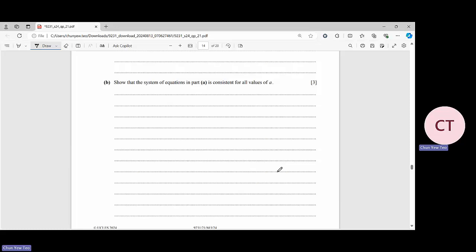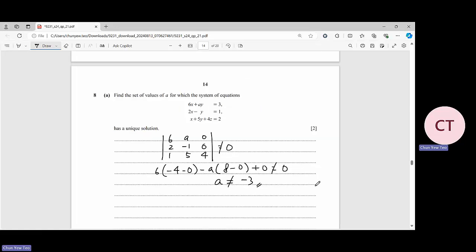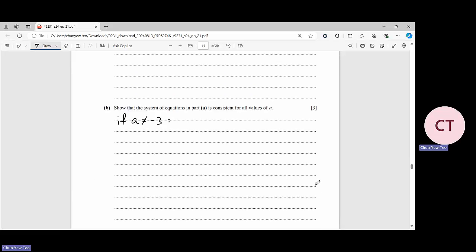Show that the system of equations in part A is consistent for all values of a. So it's just that if your a is not equal to negative 3, then because we already know from part A that the system has a unique solution, therefore it's consistent.